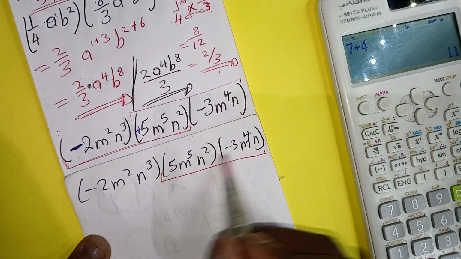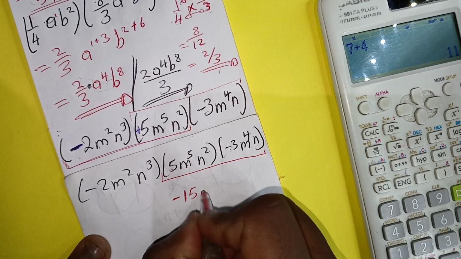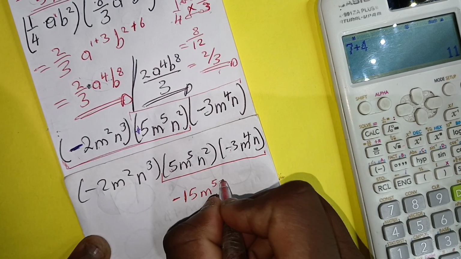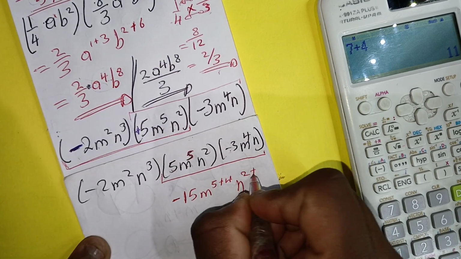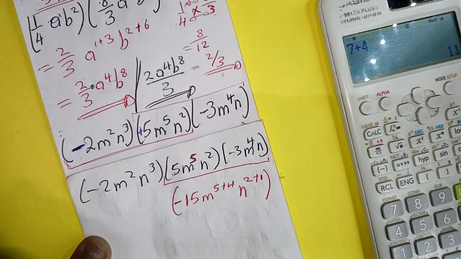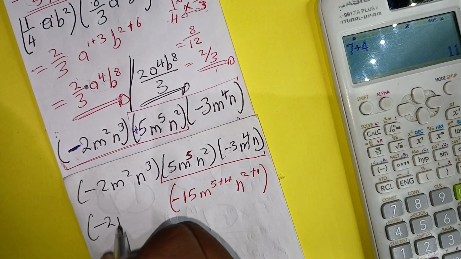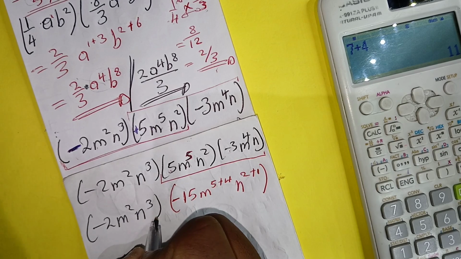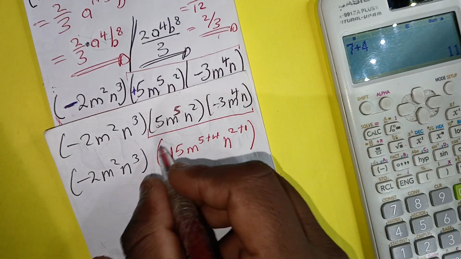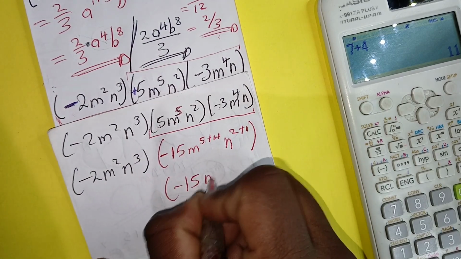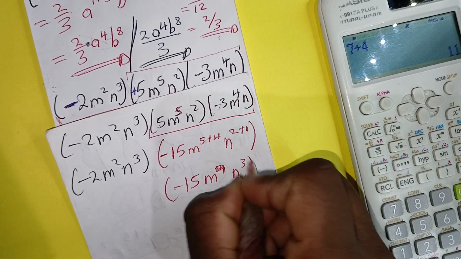When we multiply different signs, we get negative 15, and now m^(5+4), times 5, and n^(2+1). So this one, you can drop it the way it is, m^3. Now when I simplify this, I will find negative 5 over 9, and 3.